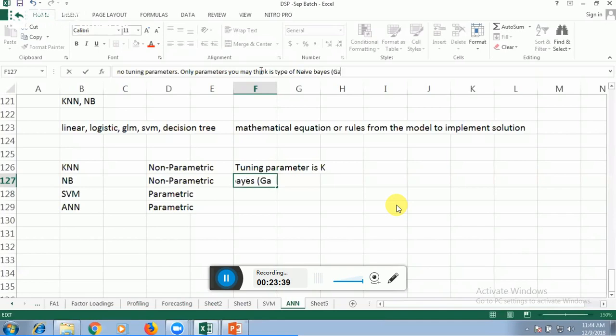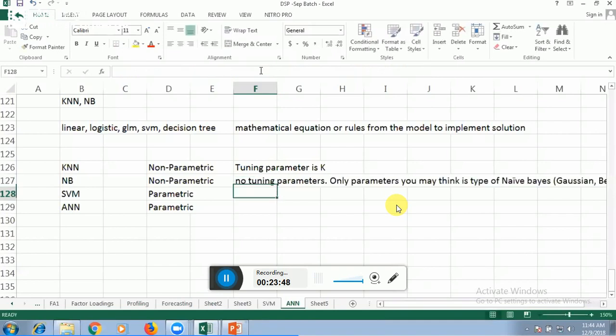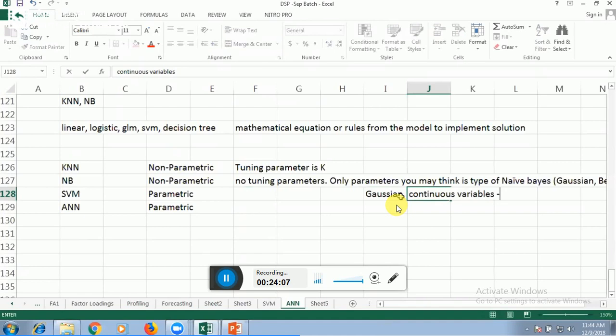One is Gaussian, one is Bernoulli, one is multinomial. Gaussian works if the data have continuous variables and follow a normal distribution.